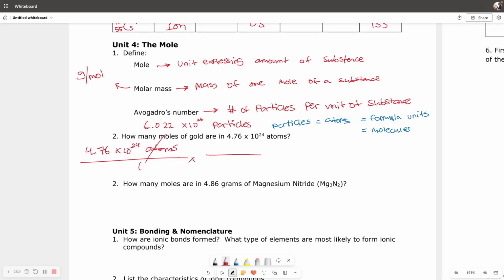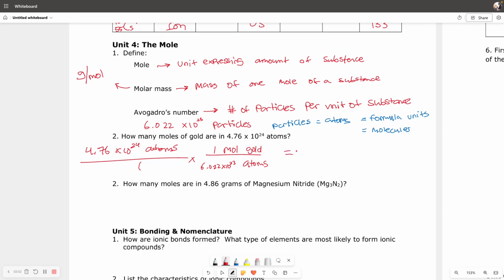We're going to cancel atoms by placing it on the bottom, and the magical number for that is 6.022 times 10 to the 23rd atoms. For every 6.022 times 10 to the 23rd atoms, we're going to have 1 mole of gold, because we're talking about gold.